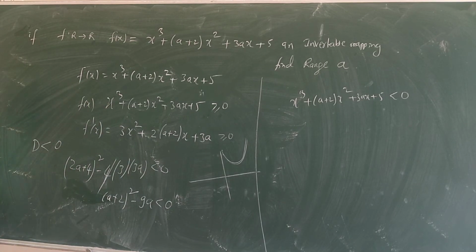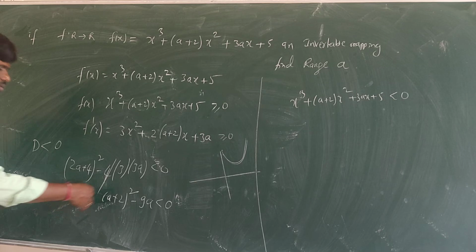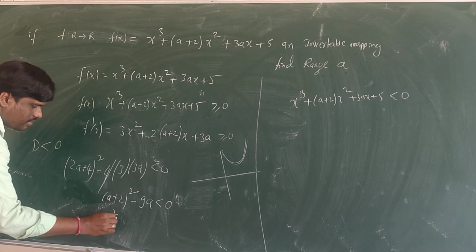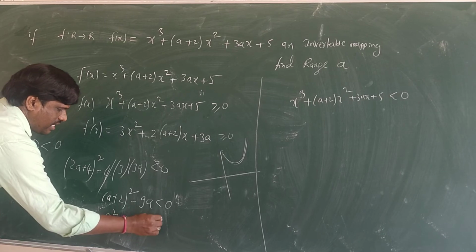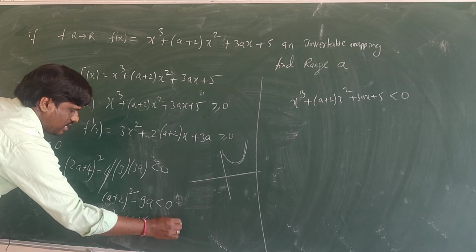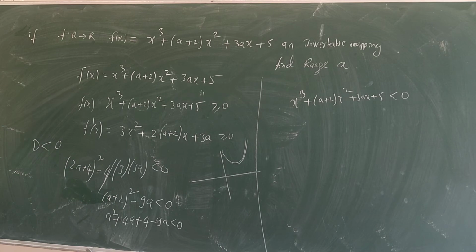Right. So what can I write here? Open this one: a square plus 4a plus 4 minus 9a less than 0. Right. So what do I get here? A square minus 5a plus 4 less than 0.